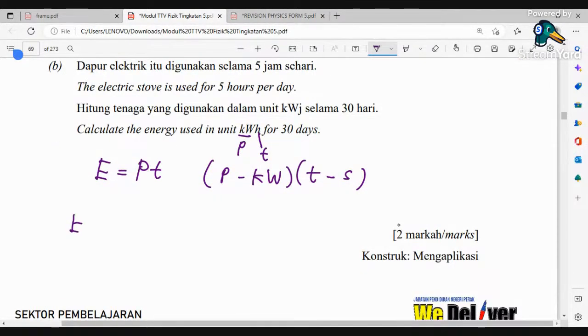Okay, E equals power, which was 2 kilowatt, times time, 5 hours per day multiplied by 30 days.